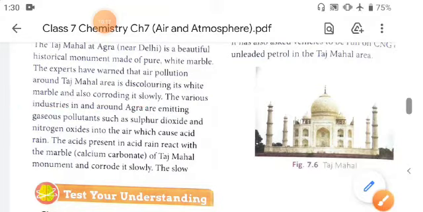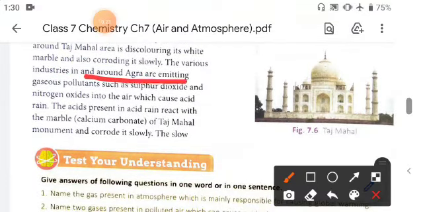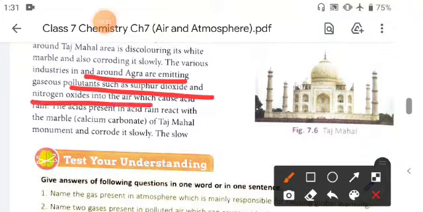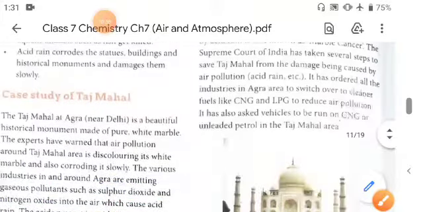The various industries around Agra are emitting gaseous pollutants such as sulfur dioxide and nitrogen oxides in the air, and due to the presence of acid, the marble, which is calcium carbonate, reacts and finally corrodes slowly.